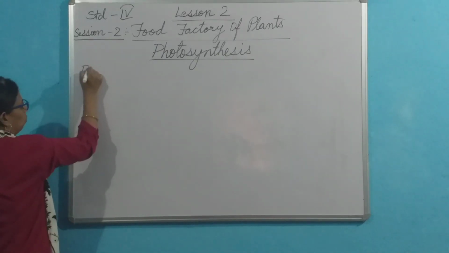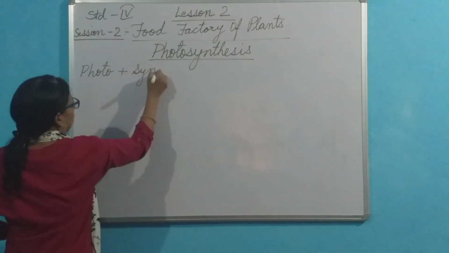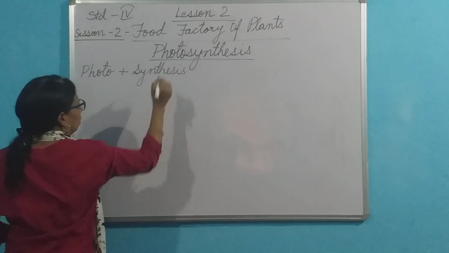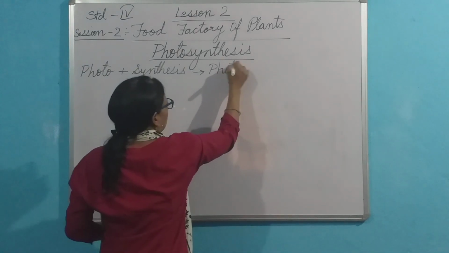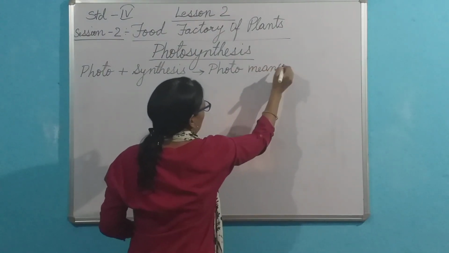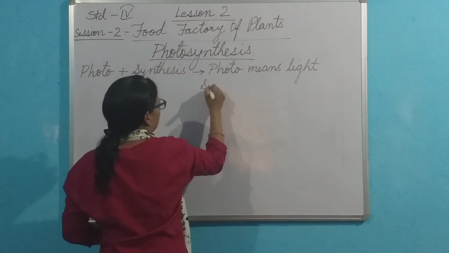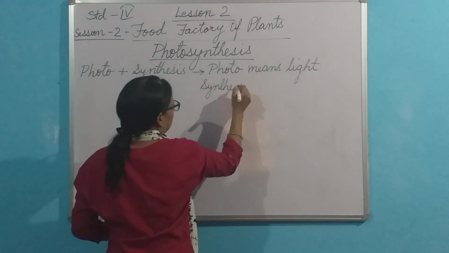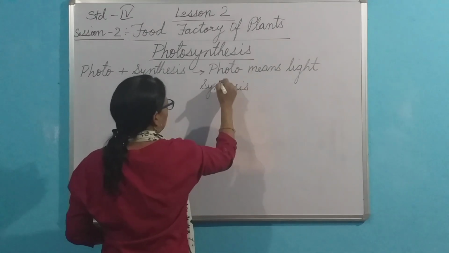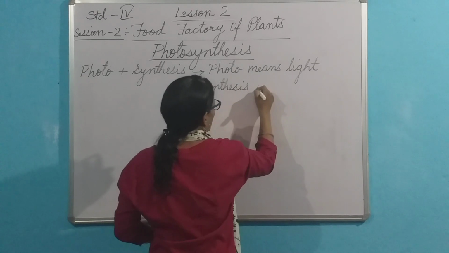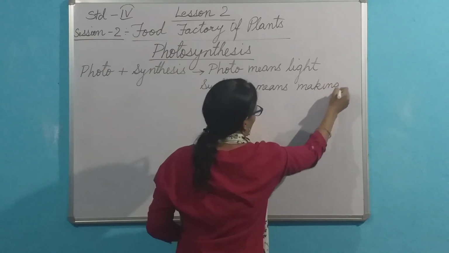Photosynthesis is made of two words, photo and synthesis, in which photo means light and synthesis means making or bringing together.